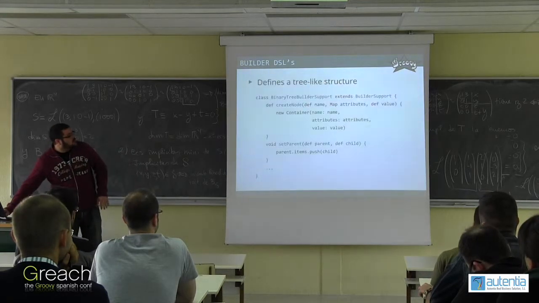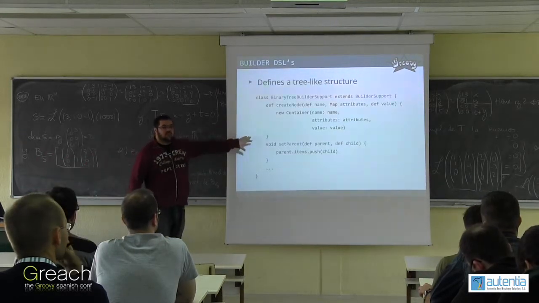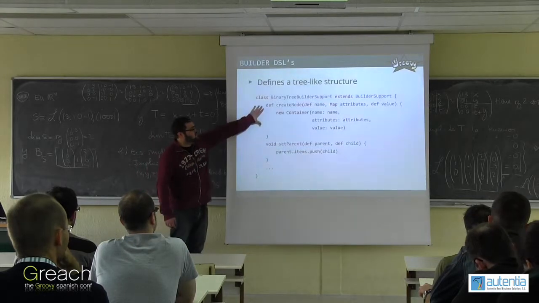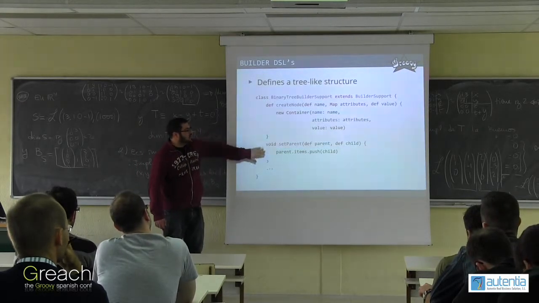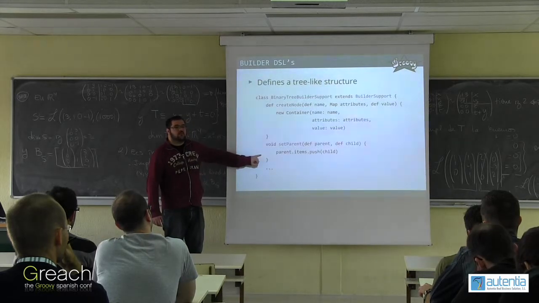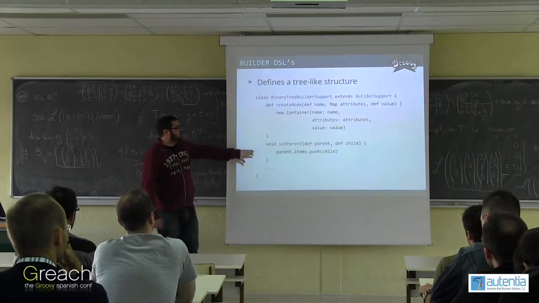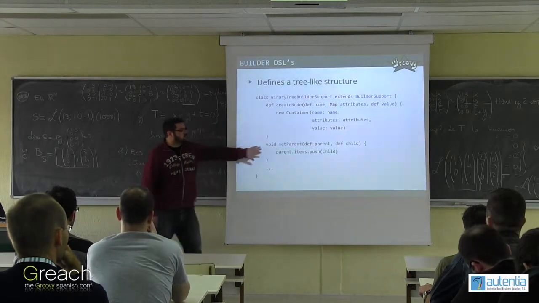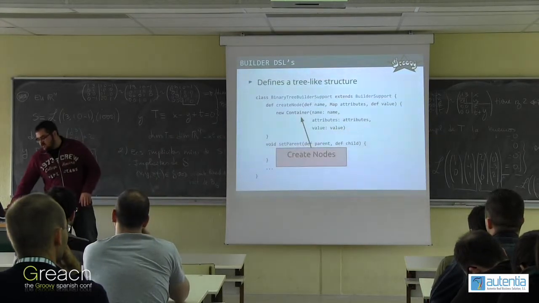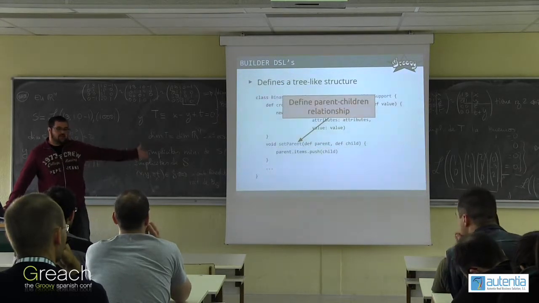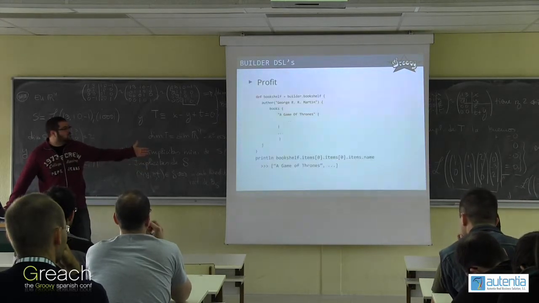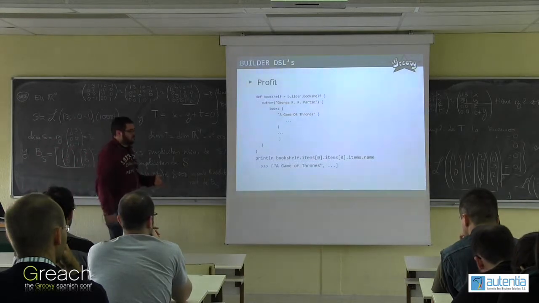So when you implement this kind of interface, the only thing that you have to tell Groovy is how you should create the nodes and how they are related, all right? Just those two things. And then, with those two things, you create the nodes and define that structure, then profit.